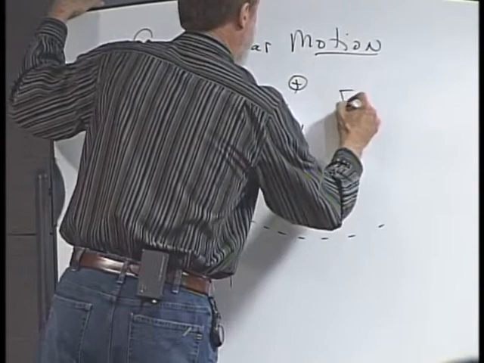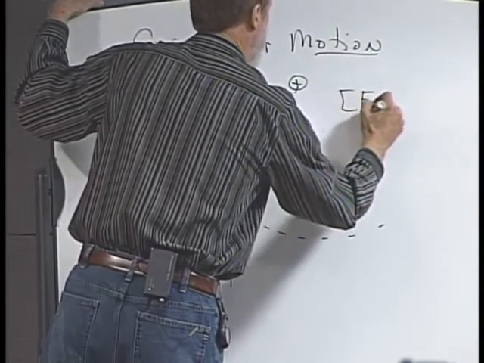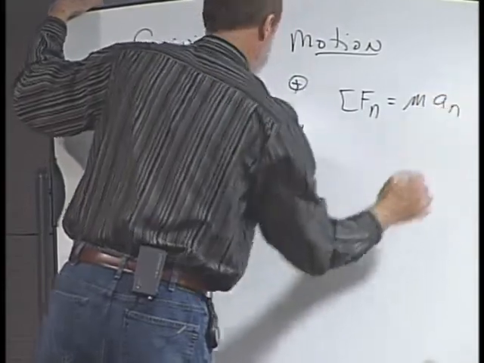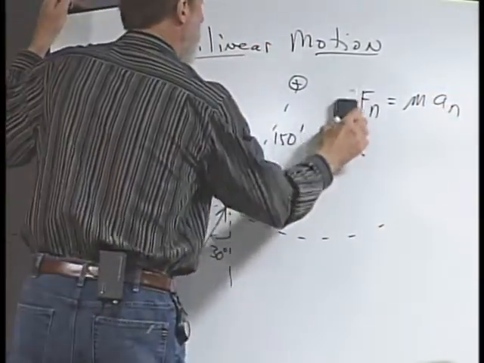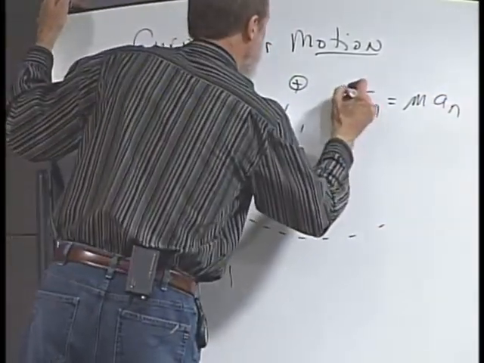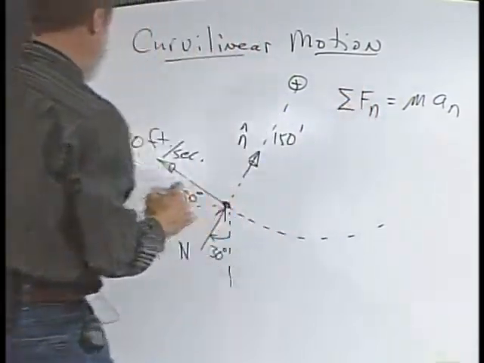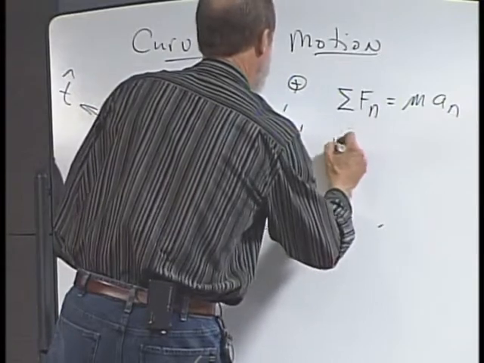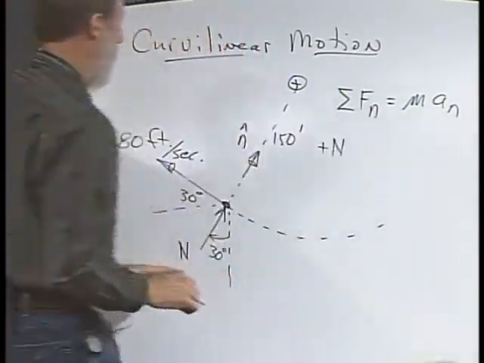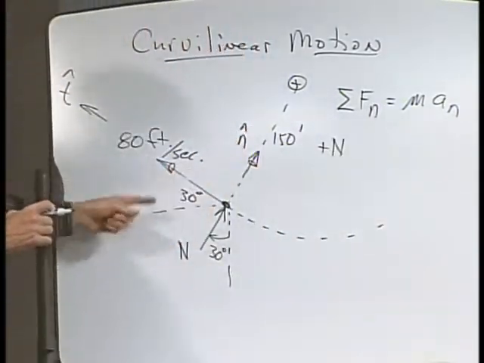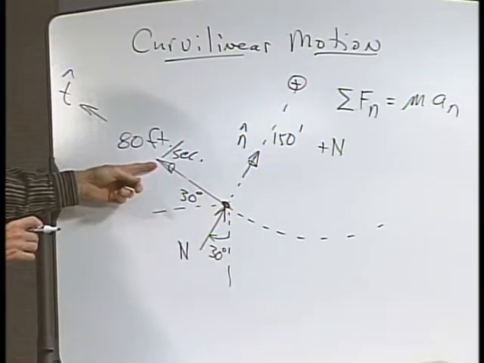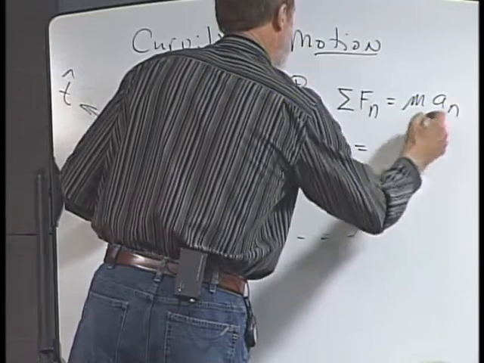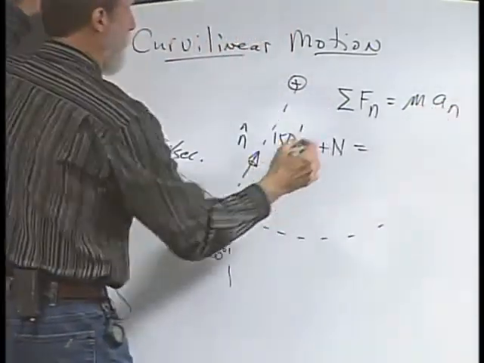If we sum the forces in the normal direction, it must equal the mass times the acceleration normal. So we have N, capital N, positive in that direction. And then this is orthogonal to that. Must equal the mass times the normal acceleration.